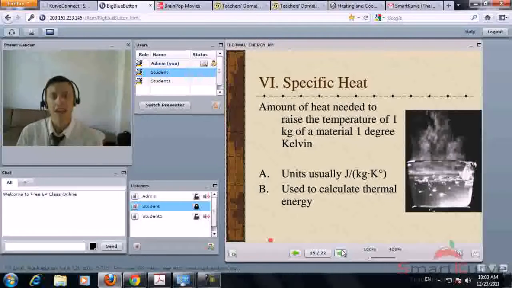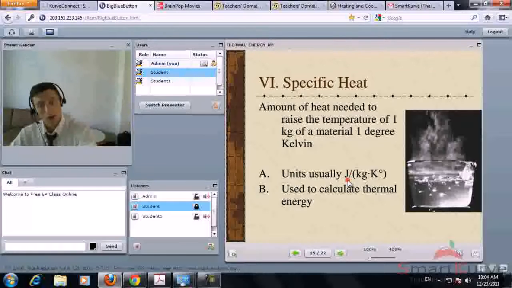If you have 1 kilogram of water and 1 kilogram of iron, it will take a different amount of heat energy to raise the temperature 1 degree. We measure this in joules per kilogram Kelvin. We see here the formula. That means how much energy to raise the temperature of 1 kilogram 1 degree Kelvin. Joules per kilogram Kelvin.